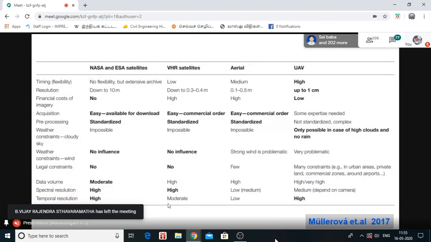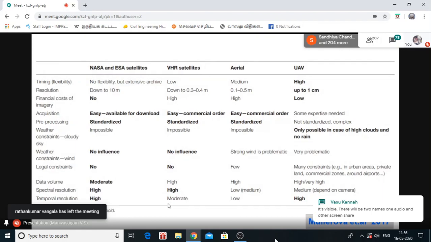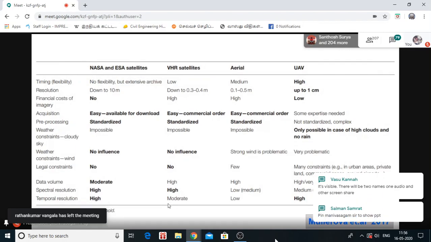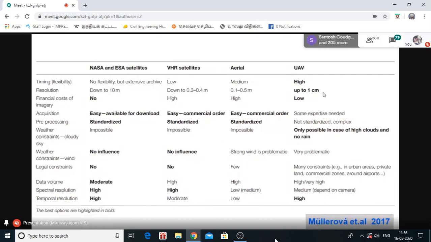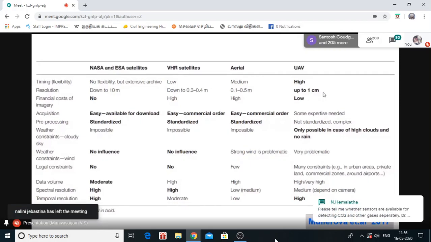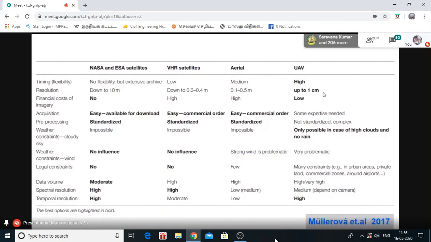There are other constraints too: you can't easily fly drones in any region because of security issues. The resolution is up to 1 centimeter, so you can easily see a human in the drone image. There are legal issues, as it can be used for spying or military purposes. So using drone images has its own drawbacks.